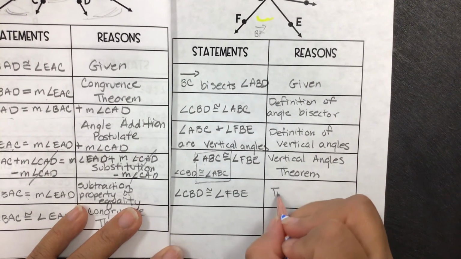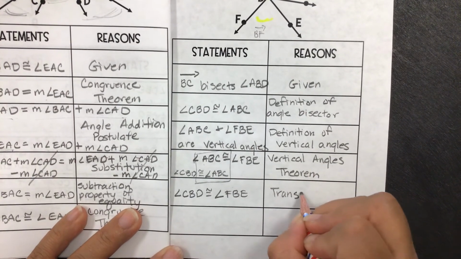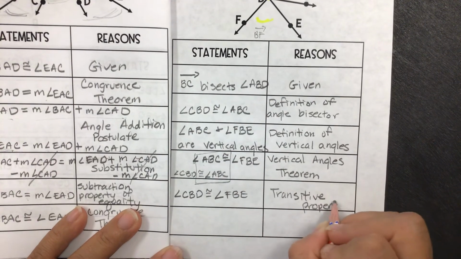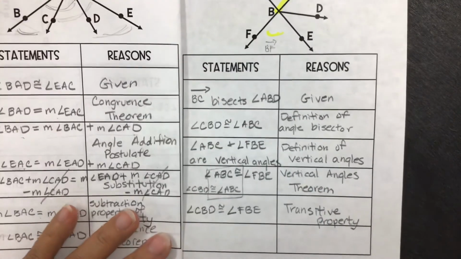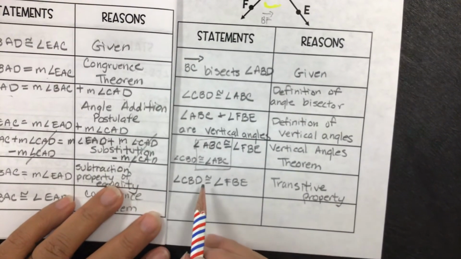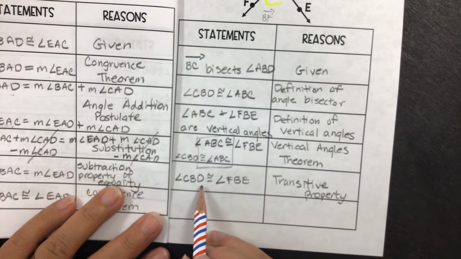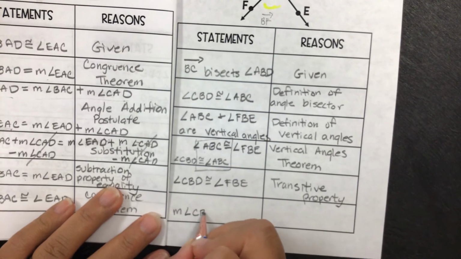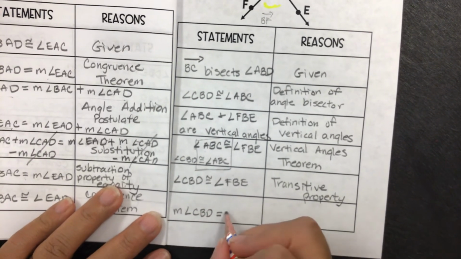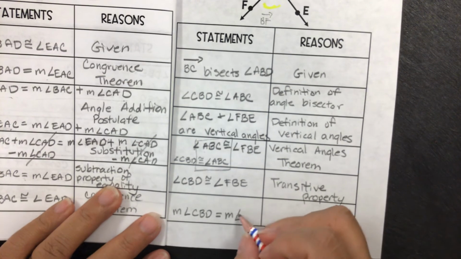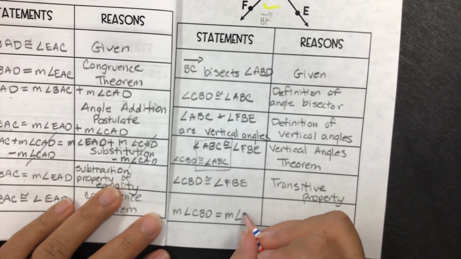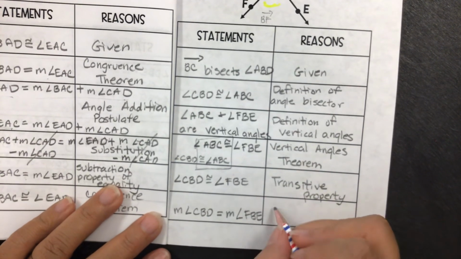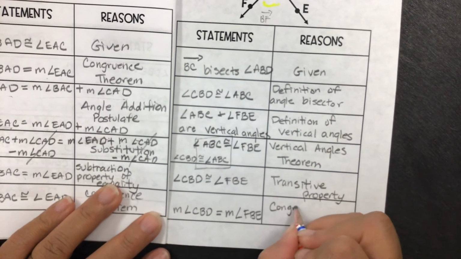And that's by the transitive property. Once we have that it's congruent, we can also say that it's equal. So the measurement of angle CBD is equal to the measurement of the angle FBE. And that's by the congruence there.